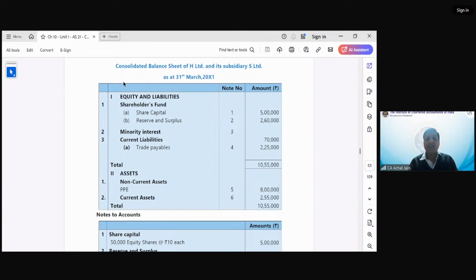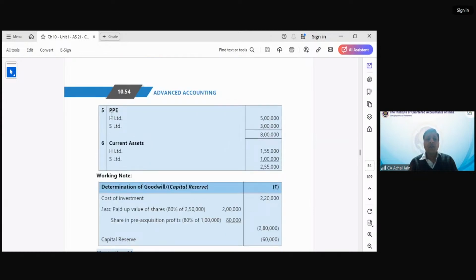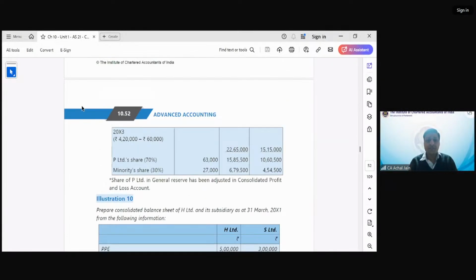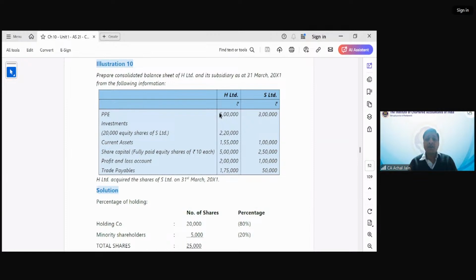So in the balance sheet, what do you need to do? You will pick up PPE as it is, current assets as it is, or let me just go to the question first. So in the consolidated balance sheet, what is it that you will do? PP you will pick up as it is. Current assets you will pick up as it is. Means you will add these two.